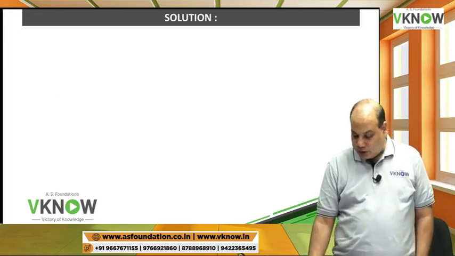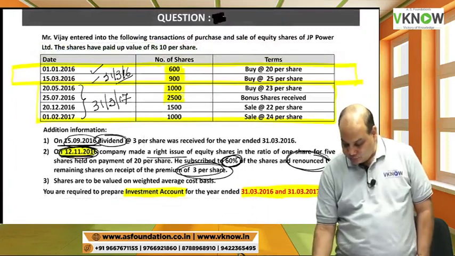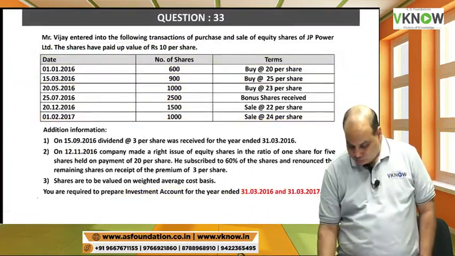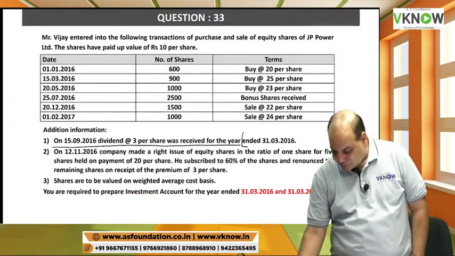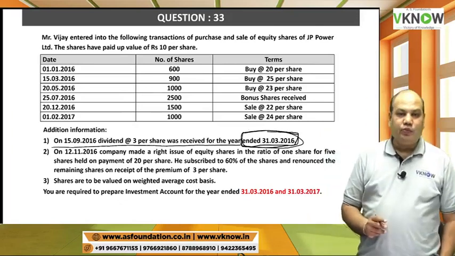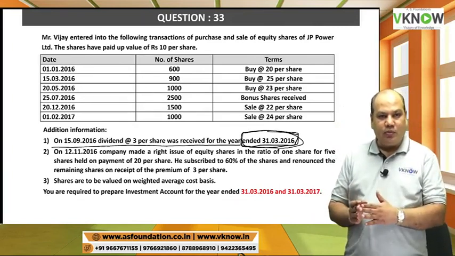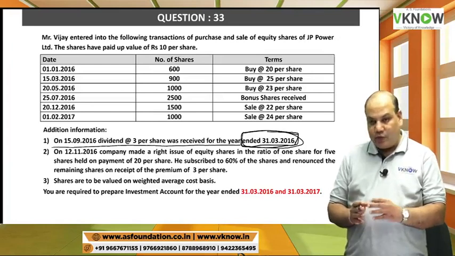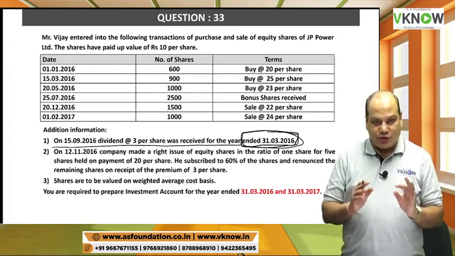But dividend relates to which year? On the screen, look at the question. Dividend per share was received for the year ended 31st March 2016. So first thing we have to note, this dividend was announced in the annual general meeting and relates to the previous year ended 31st March 16.